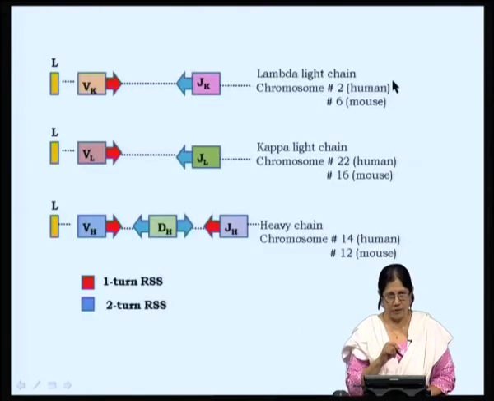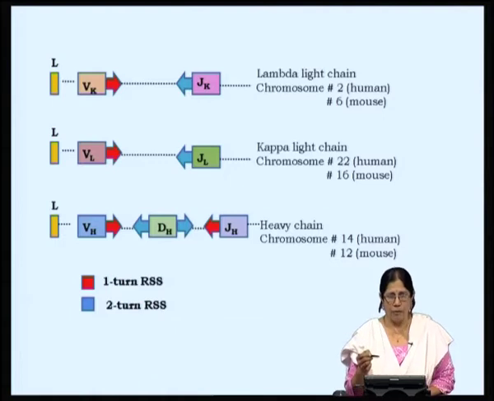In case of the heavy chain gene it is V, D and J, addition of one more gene segment. And as I told you before, the heavy chain of immunoglobulin gives much more regions for binding to the antigen.